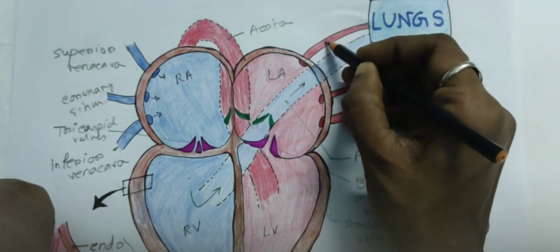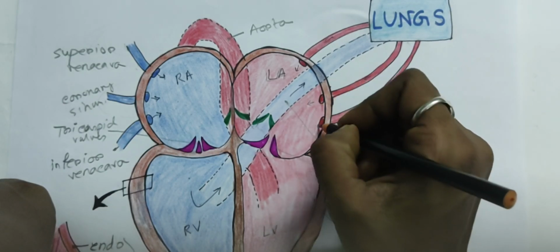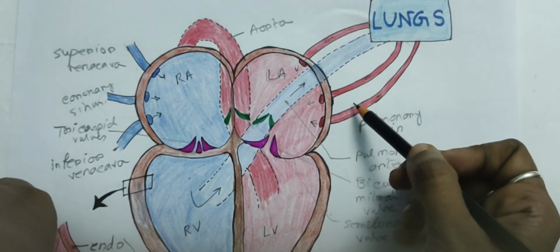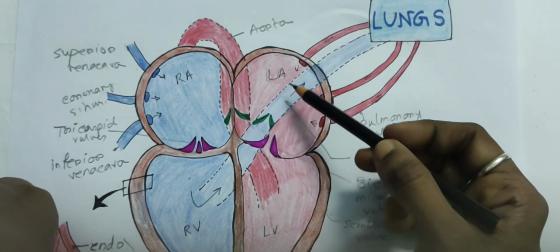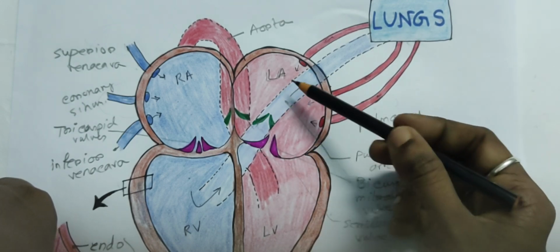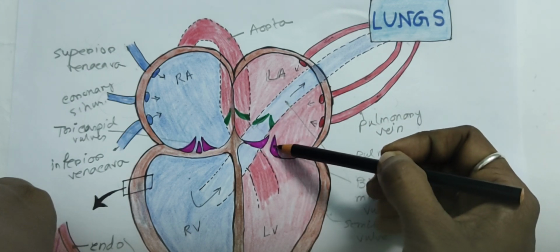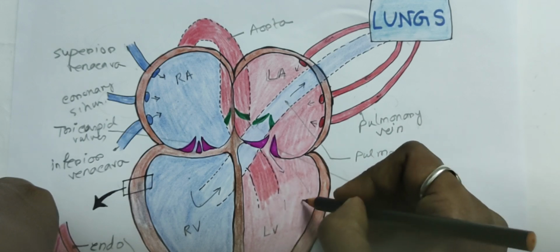After purification, the blood comes from the lungs to the left auricle by the pulmonary vein. The pulmonary vein transports the oxygenated blood to the left auricle. Whenever the left auricle is filled with the oxygenated blood, the bicuspid valve gets opened and the oxygenated blood comes into the left ventricle.